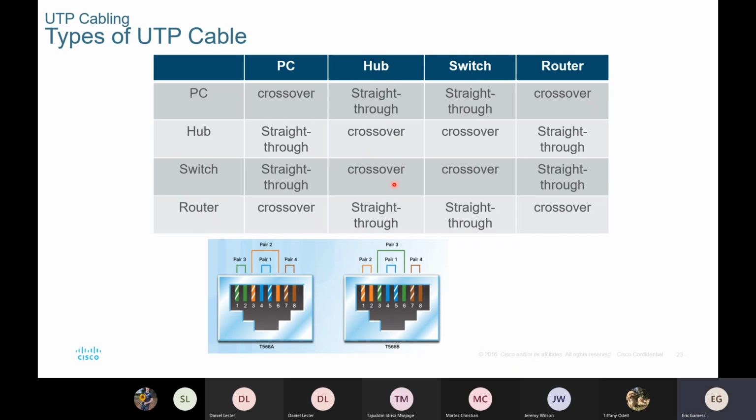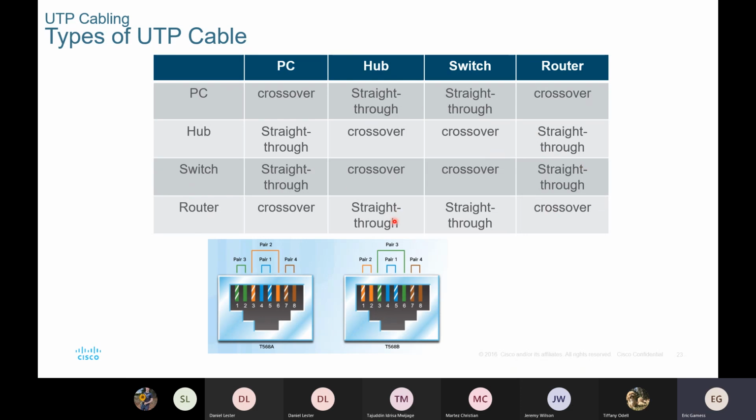Now, when you connect a PC to a switch, or a PC to a hub, which is very similar to a switch, you use a straight-through cable. For a switch to a router, or a hub to a router, you need a straight-through cable.